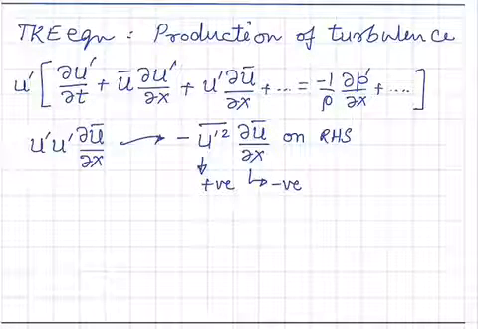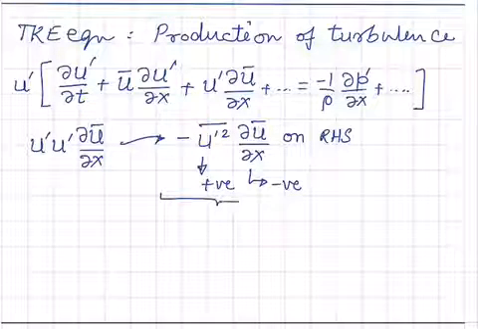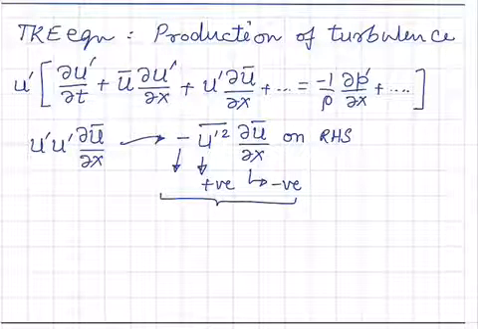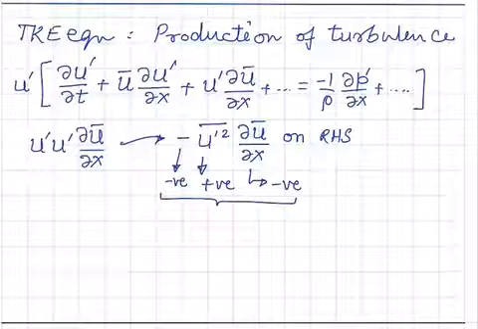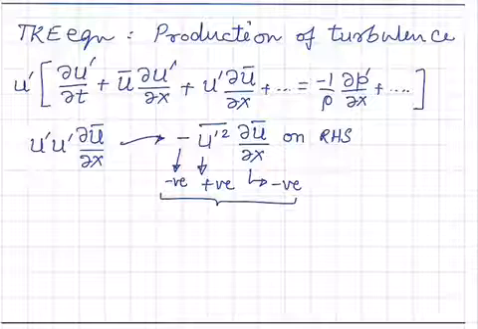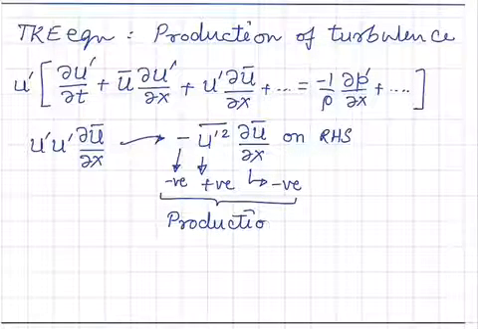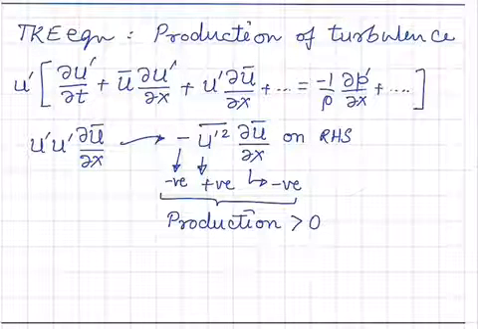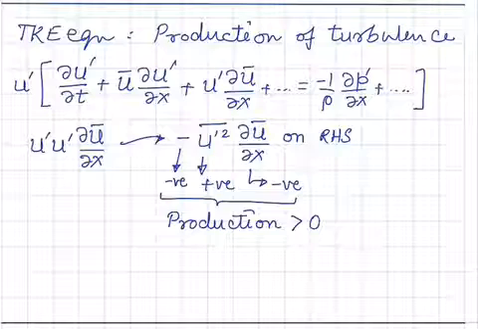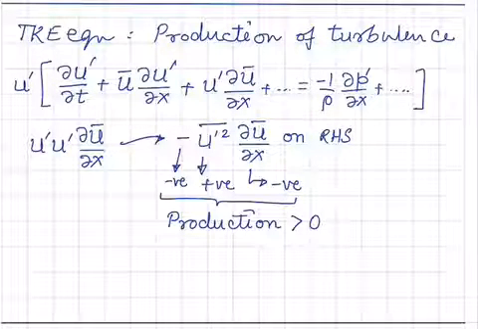These two together give you an overall positive effect, including the negative sign. And this positive effect is called production or generation of turbulence, and it always happens because of the gradient in mean velocity du bar dx.